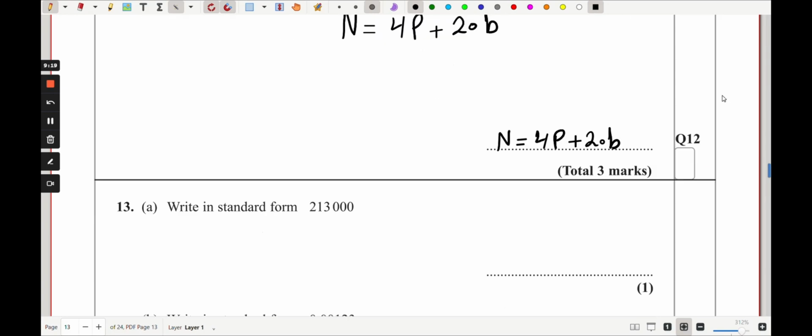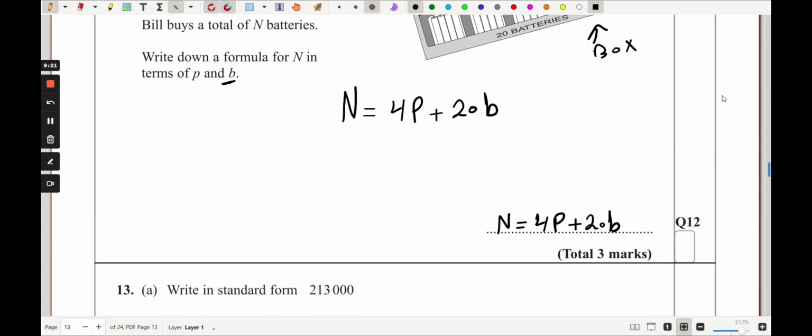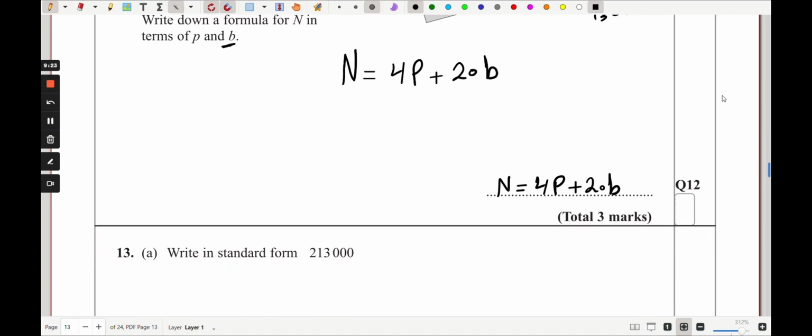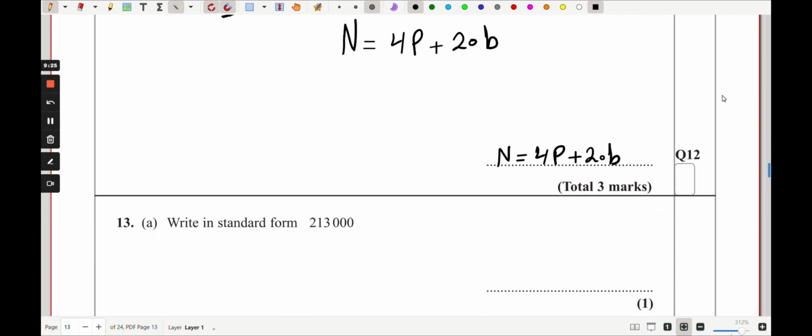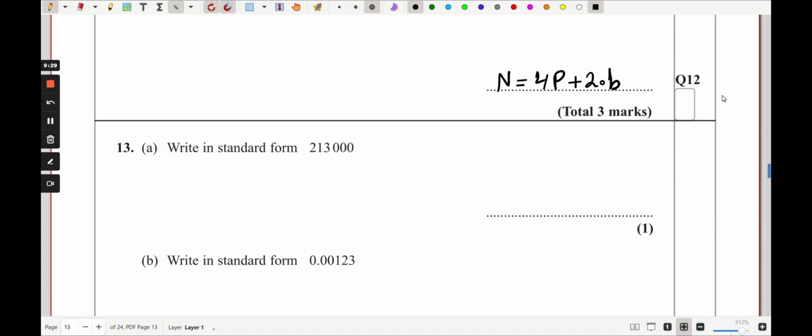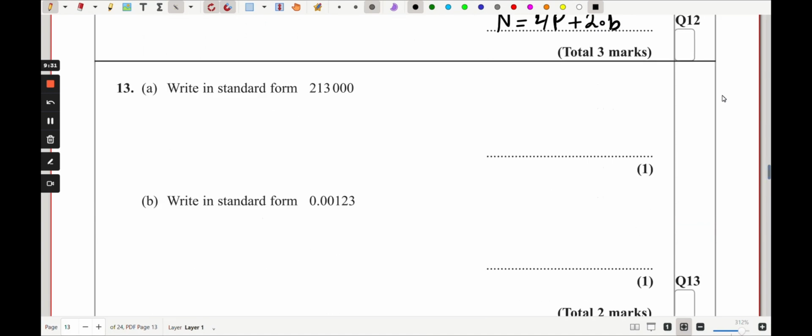Now write in standard form 213,000. Okay, so we know that a decimal point stands here on the right hand side, so we shall move it to the left. How many places? 1, 2, 3, 4 and 5, and we'll place it here between 2 and 1.